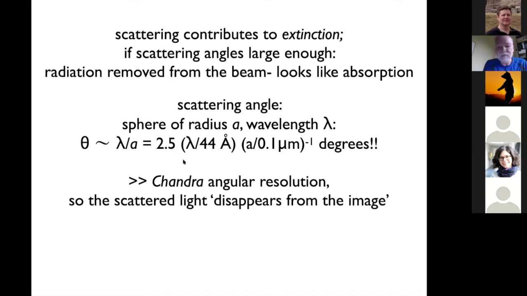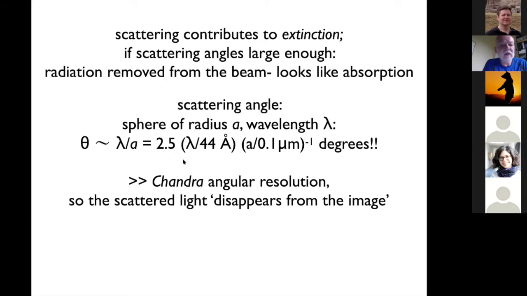So scattering angles for the carbon K edge that we were interested in: if we think of little particles of radius a of 0.1 microns, roughly, which is a characteristic size of interstellar dust particles, the radiation wavelength is about 44 angstroms.